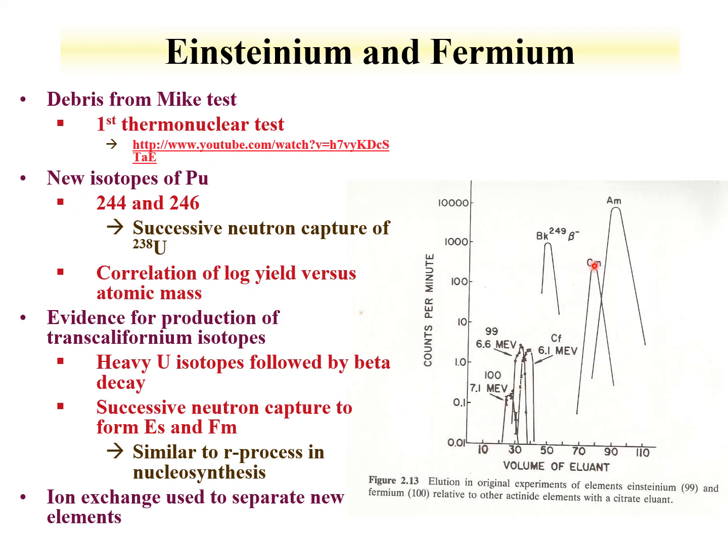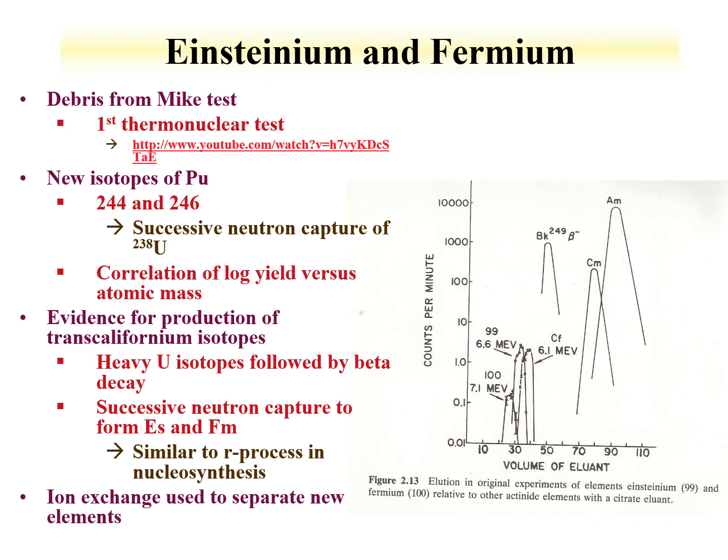There was an example here of the log correlation of the yield versus the atomic mass. This is an example of nuclear forensics, where one was able to identify information about the yield of a test from the production of different isotopes.